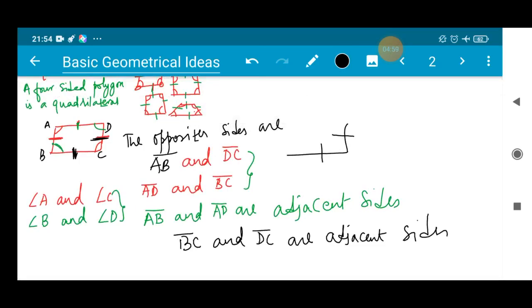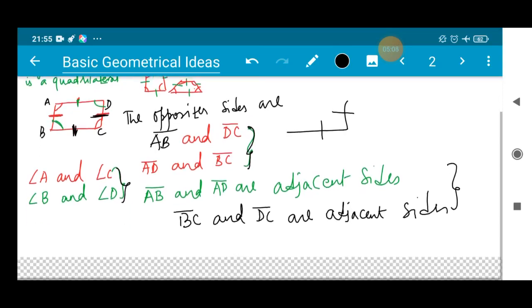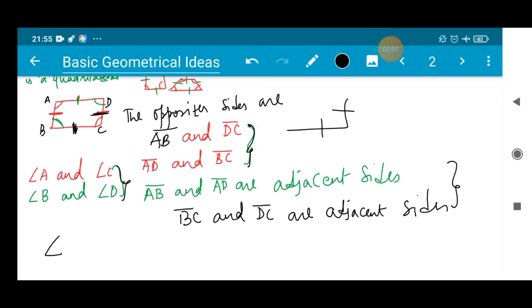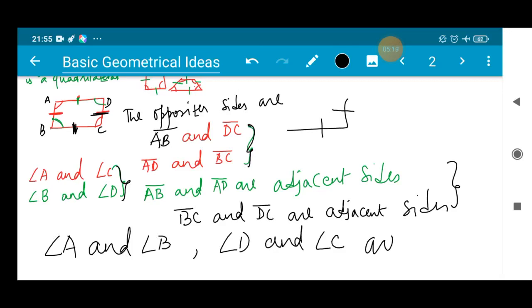We understood opposite sides, opposite angles, adjacent sides. One more thing needs to be known, that is adjacent angles: angle A and angle B, right? Also angle C and angle D, or angle D and angle C, are adjacent angles.